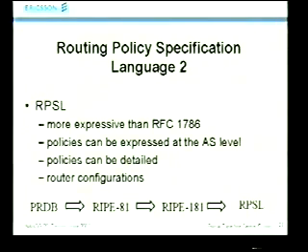RPSL was designed to be more expressive than RFC 1786. Policies were to be expressed at the autonomous system level. Where were they expressed before that? Sorry. Before they were expressed at the AS level, where were they expressed? I don't think they were expressed at all in some cases, or not particularly well. I think that RFC 1786, RIPE 181, was an attempt to express routing policies, but it didn't go far enough. At least, this was based on RIPE 181, and there in RIPE they were doing not only AS registration but also policy registration at the same time.